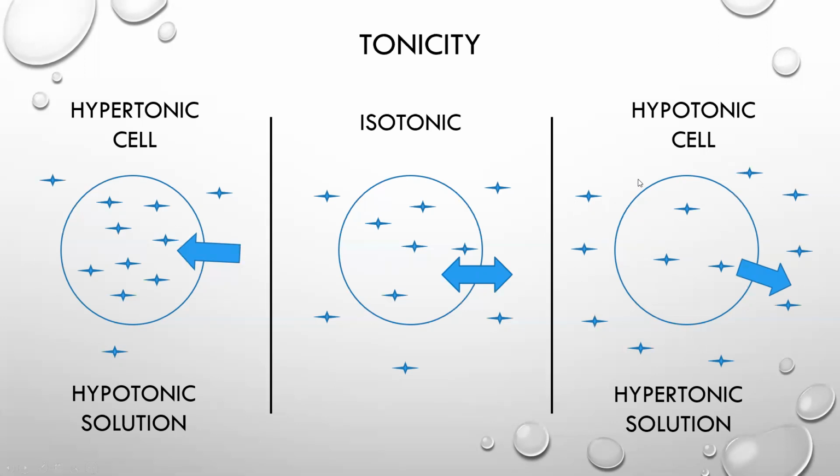So remember, when you are answering the questions on your worksheets about the tonicity, you have to tell the tonicity of the cell compared to the outside solution. Look at which way the water moved, look at how much sugar is dissolved in the solution that's inside the tubing versus outside in the cup. So you're talking about what is inside that tubing compared to what is in the cup.